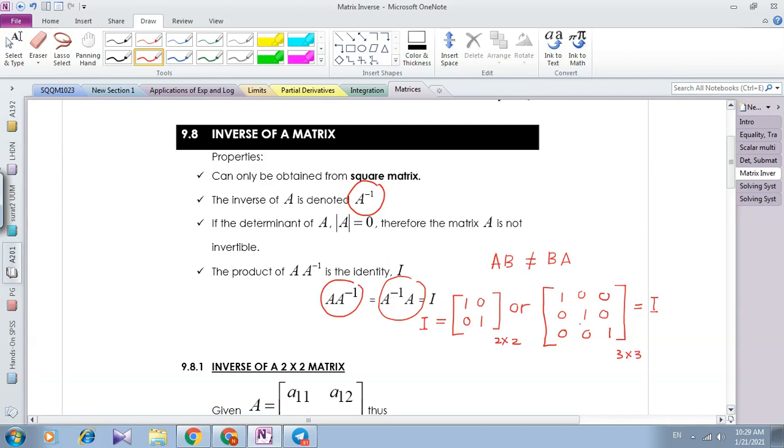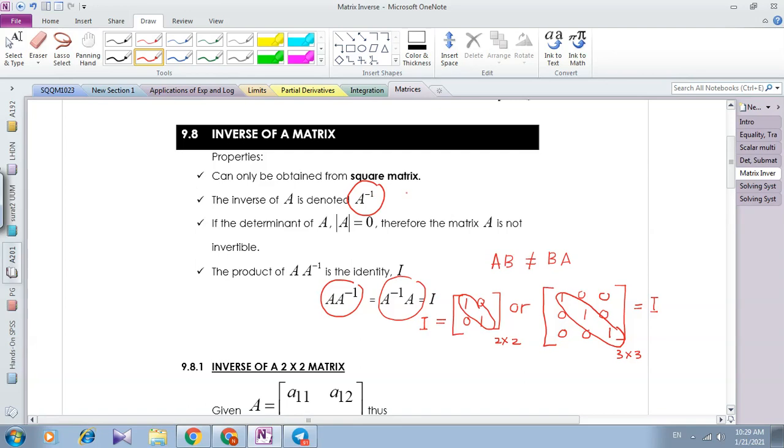For identity matrices, there's only the value 1 on the main diagonal. For the other elements, they must be zeros. The same for 2 by 2. So this is identity.